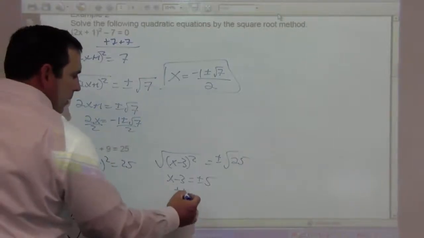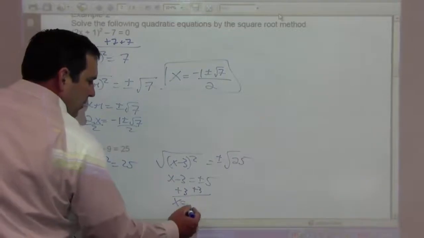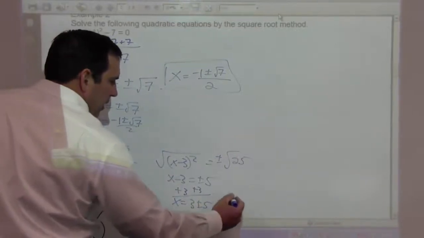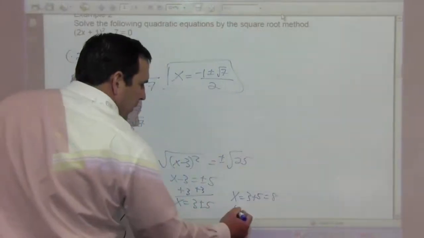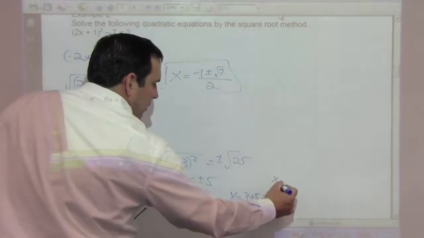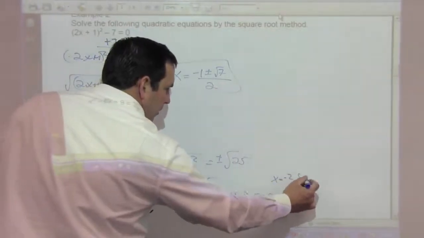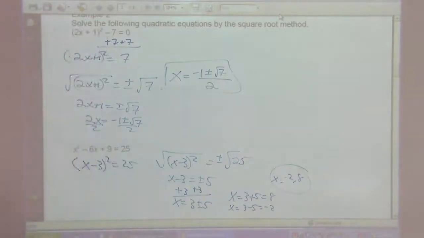We add the 3. x equals 3 plus or minus 5. That means x equals 3 plus 5, which is 8, or x equals 3 minus 5, which is negative 2. So x is negative 2 or 8. Can't be both at the same time.